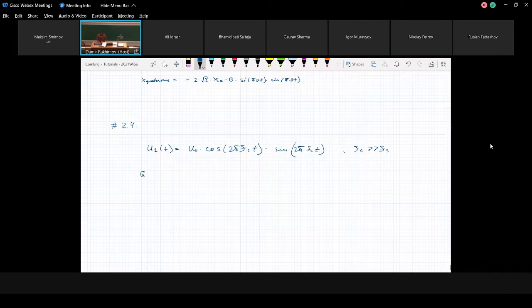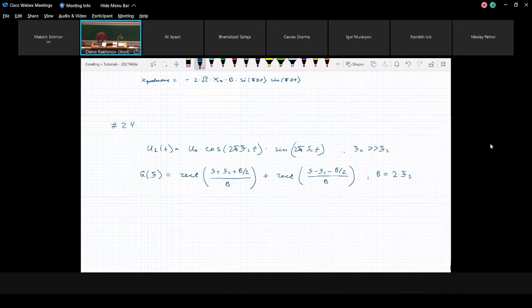For the bandpass filter, the transfer function is given by the following expression: a rectangular function in the frequency domain, rect of (f plus fc plus B over 2) over B, plus rect of (f minus fc minus B over 2) over B. As you can see, capital B is the width or bandwidth of our filter, and B equals 2 times fs.